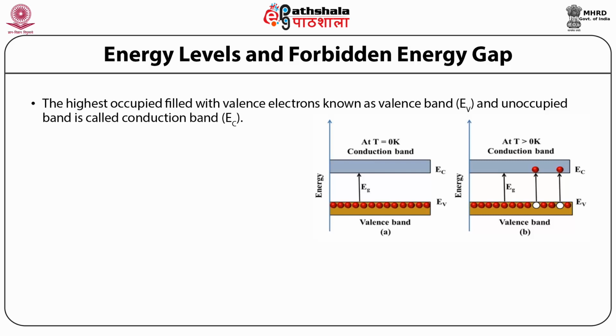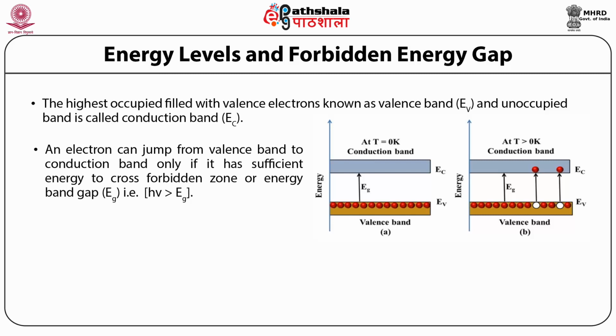Now it is evident from the figure that the electron can jump from the valence band to the conduction band only if it has sufficient energy to cross the forbidden zone or the energy band gap, which is represented by Eg. It is also shown in the figure.